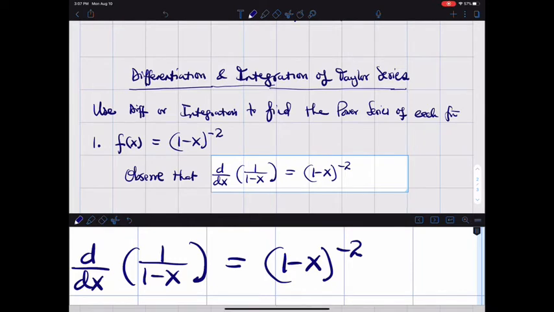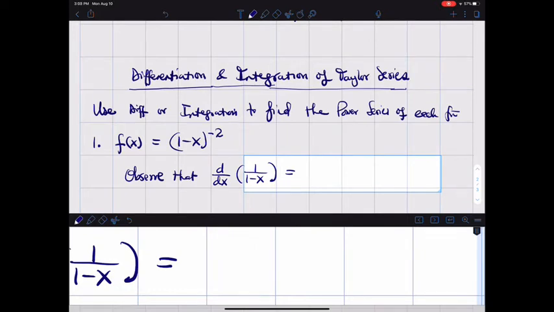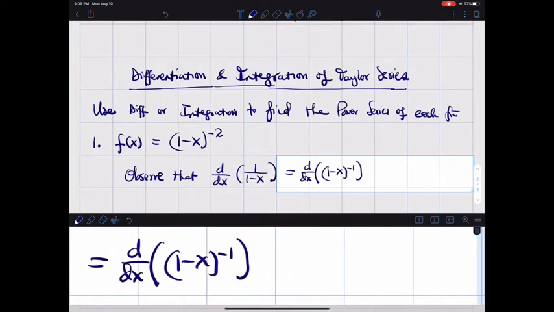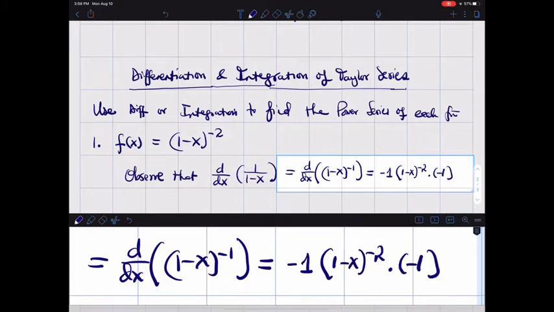Let's do it using the chain rule. So this is like the derivative d dx of 1 minus x to the power of negative 1. If you take the derivative, you bring down the negative 1, then subtract 1 from the exponent to get 1 minus x to the power of negative 2, and you multiply by the derivative of the inside.